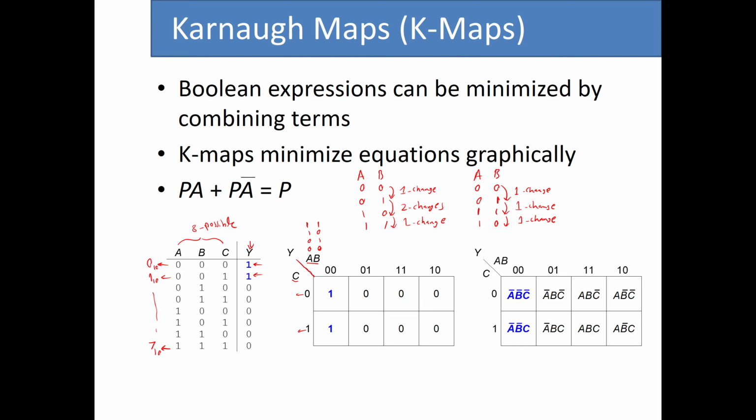Why do we do that? If you remember, we want to use this theorem to do the simplification. So if the Karnaugh map is formatted in such a way that when you go from one neighbor to the next one only one variable changes, you can easily use this theorem to do the simplifications.